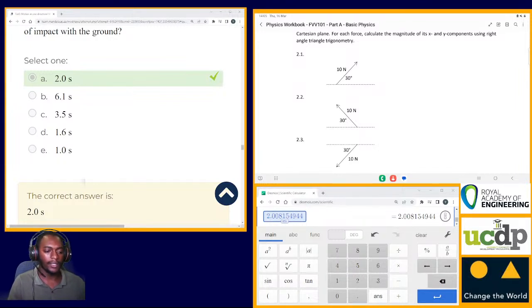Hello guys, welcome back. We wish to continue with solving problems. Now we're going to be tackling some vector revision on the FPV 101 physics workbook.